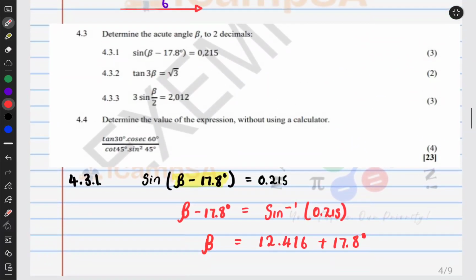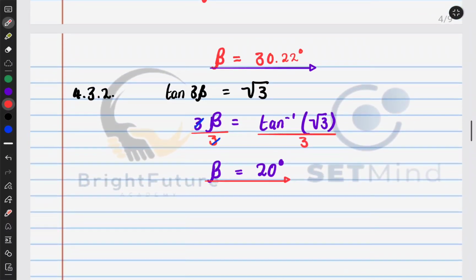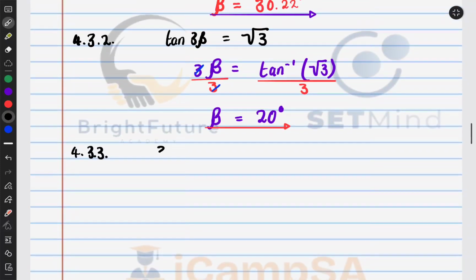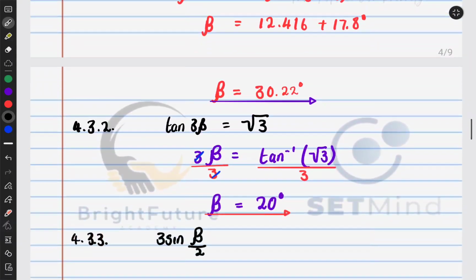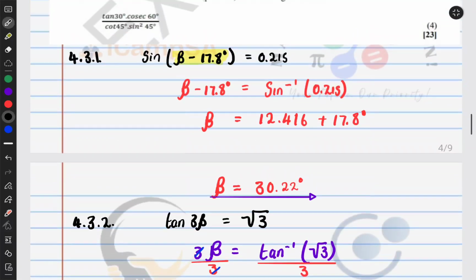Let's go to 4.3.3. We have 3 sine of beta over 2 is equal to 2.012.